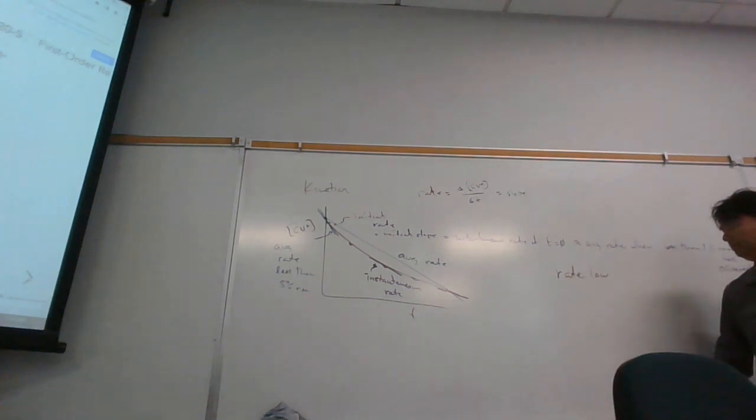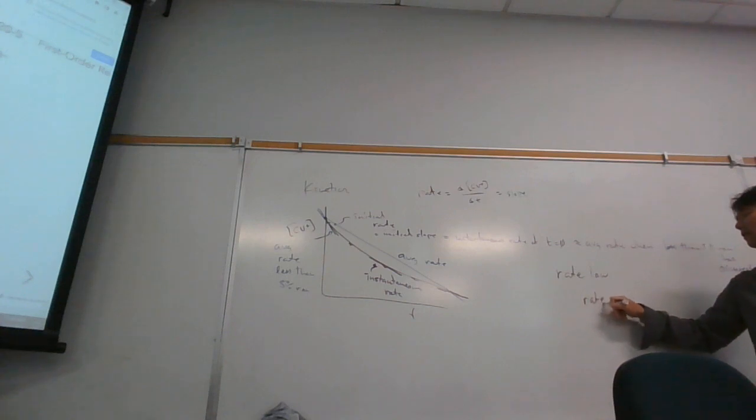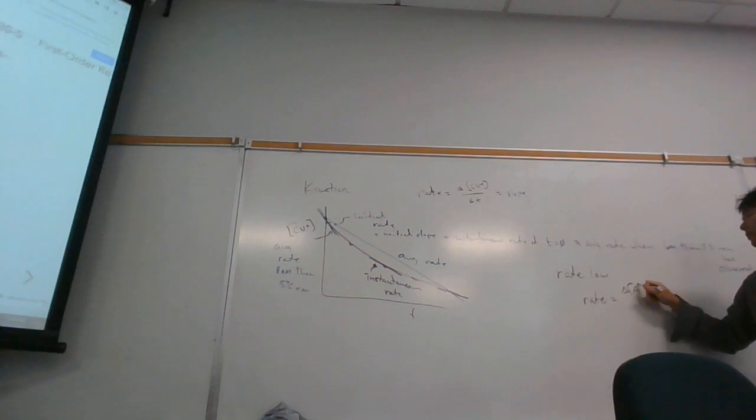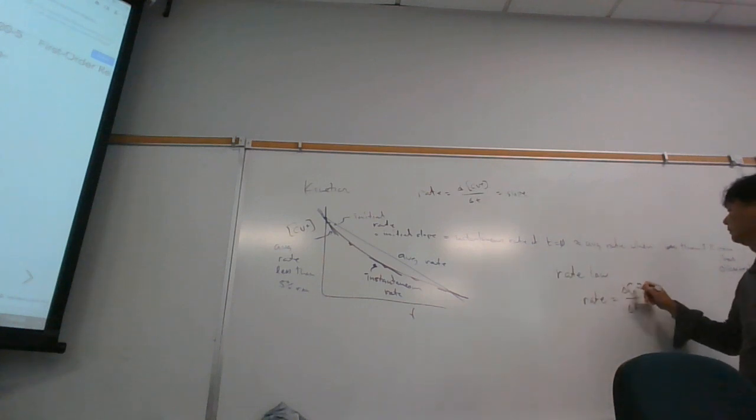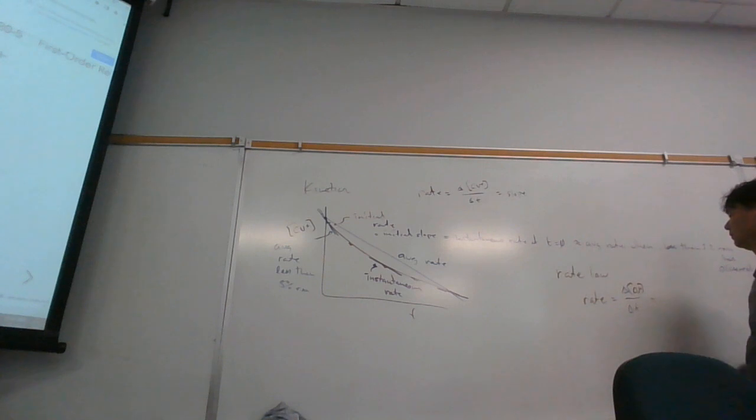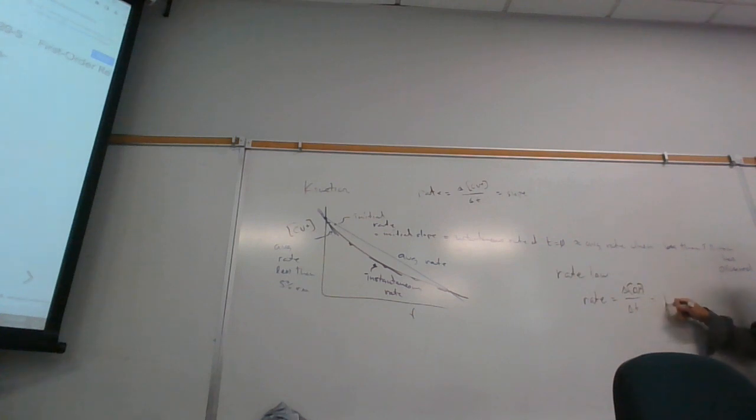The rate law tells us that the rate is equal to delta A over delta T, which is going to equal, actually, I need to do a little bit more here, delta CB over delta T, is going to equal k, which is a constant, times the concentration of CB.